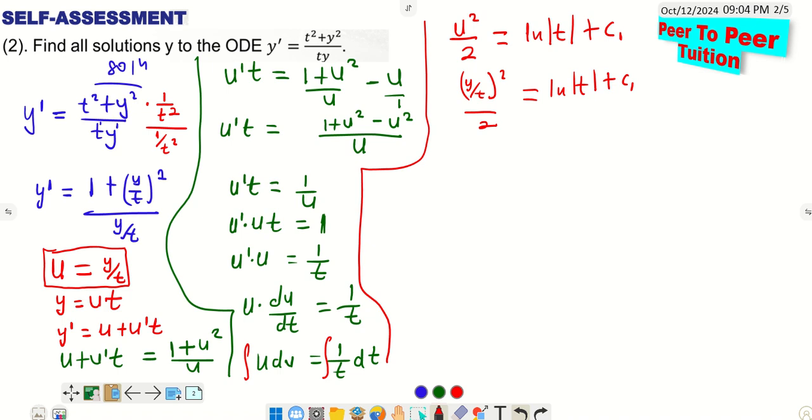That's the constant. So from here I can multiply through by 2. I have y squared over t squared should be equal to 2 ln t plus 2c1.